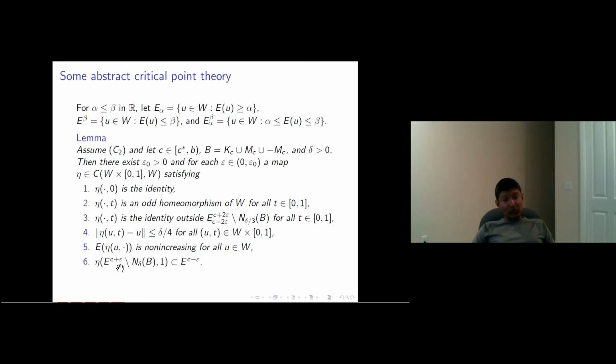And again, you can start from the sublevel set EC plus epsilon, and you can move down to the sublevel set EC minus epsilon, but only away from some neighborhood of this set B. So you cannot do this deformation staying away from the critical points only. You also have to stay away from sets MC and negative MC.